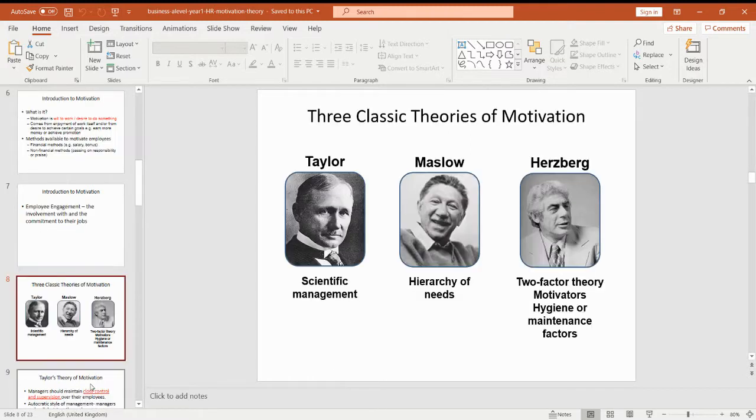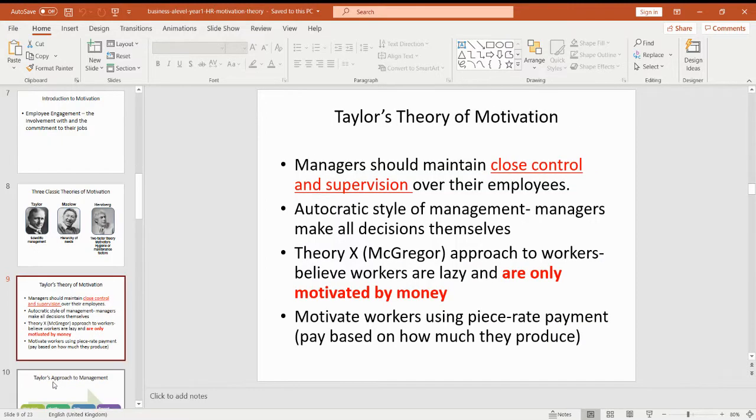Okay, what we're going to focus on today are three classic theories of motivation. We have Taylor, we have Maslow and Herzberg, and we're going to look at all three of these separately. The first one I want to focus on is Taylor. Now, Taylor's belief is that people are lazy, only go to work because they have to, and only go to work for money.